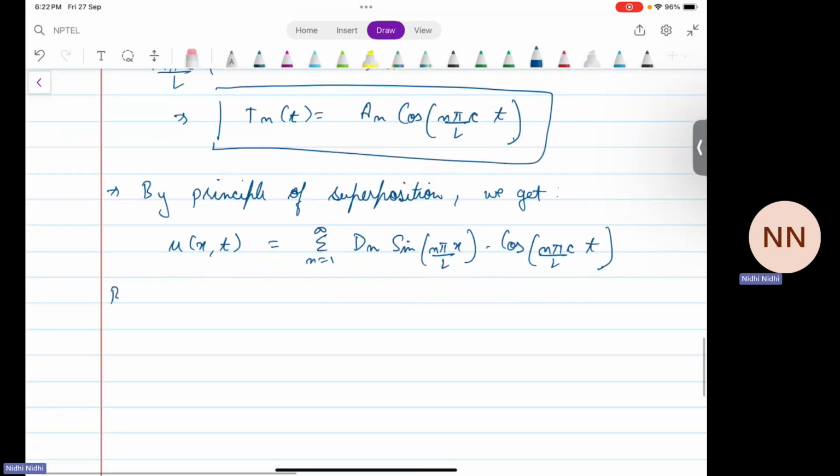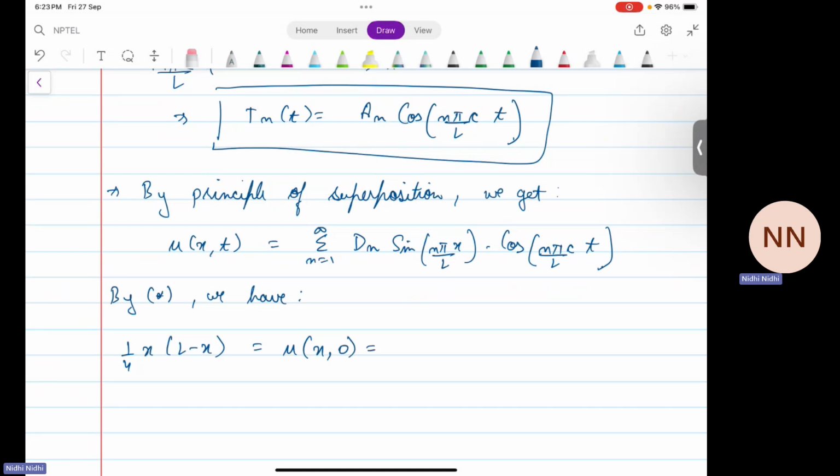So by star, we have 1/4 x(L minus x) is equal to u at x comma 0.